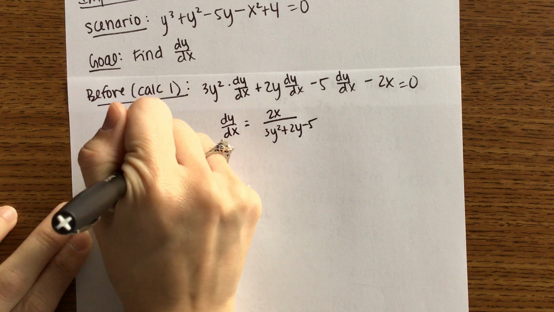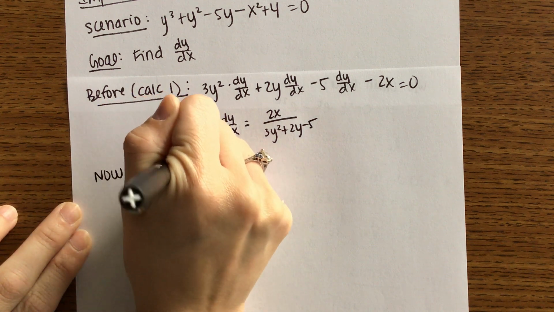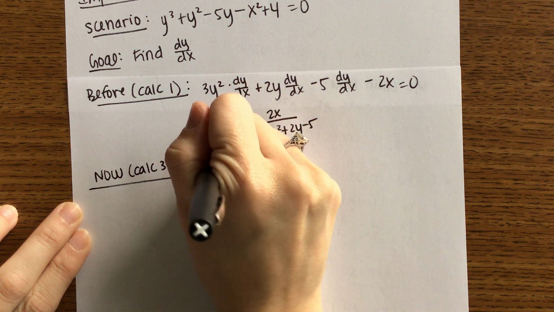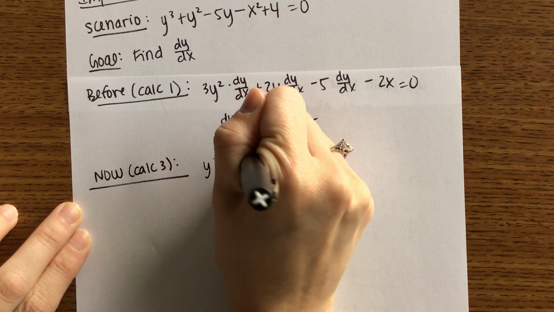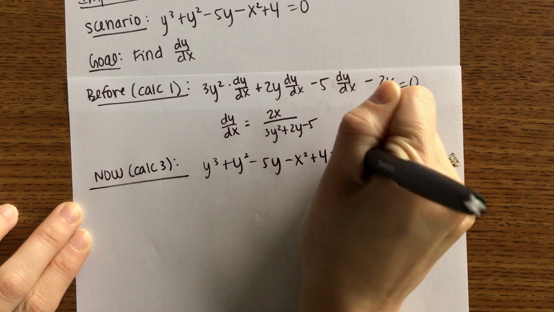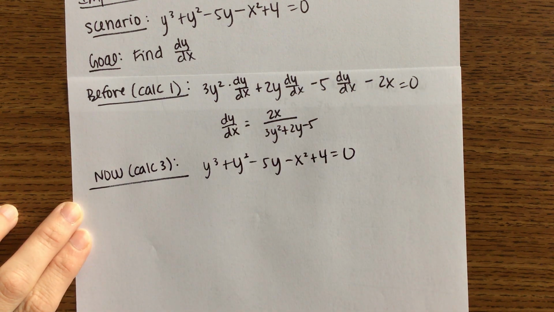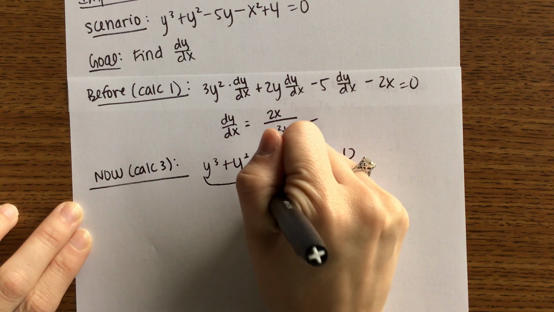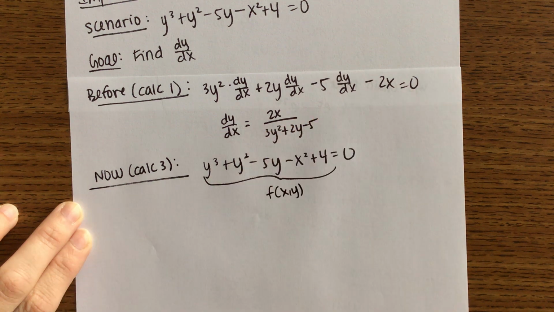Here's how we're going to do it now. We're going to take that same equation, that y cubed plus y squared, all that one. Everything that's on the left side, we're going to consider that f of x,y. So we're going to consider that a function of 2 variables.